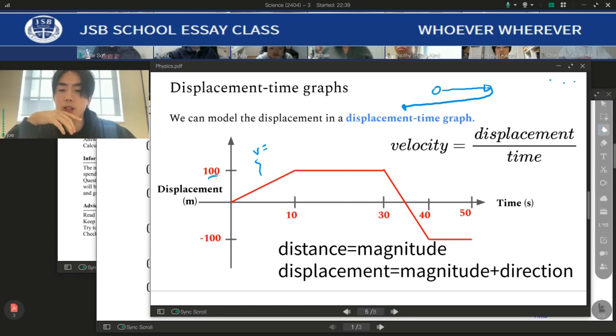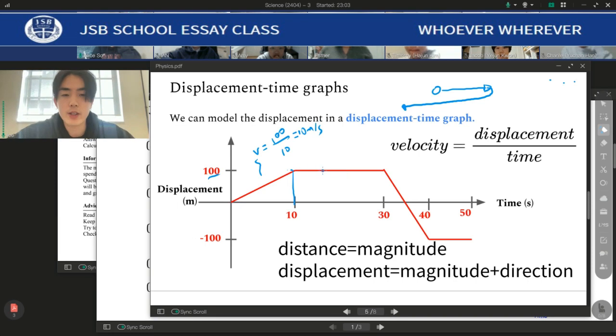Are you looking at this one here, right? Displacement here. 100. 100 divided by time is? What's the time? 10. Good. So the velocity is 10 meters per second, okay?